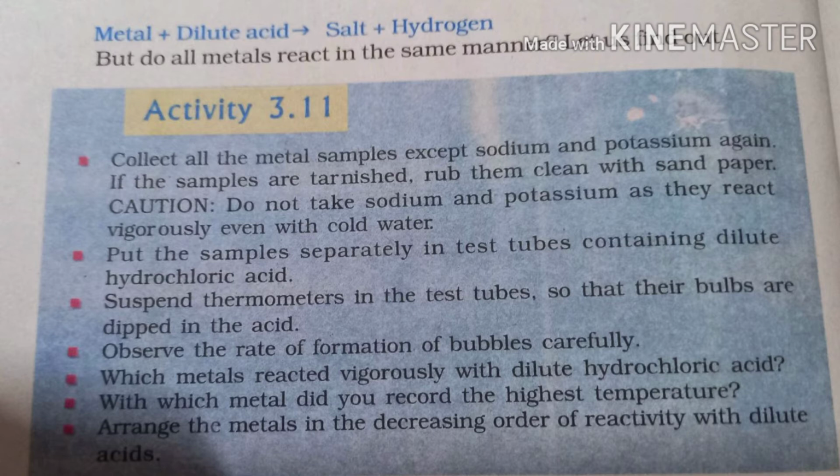We will also see with which metal the highest temperature occurs. And then we are going to arrange these metal samples in the decreasing order of reactivity with dilute acid. Let us now discuss which metals react with hydrochloric acid, and then we will arrange these metals in the decreasing order of reactivity.